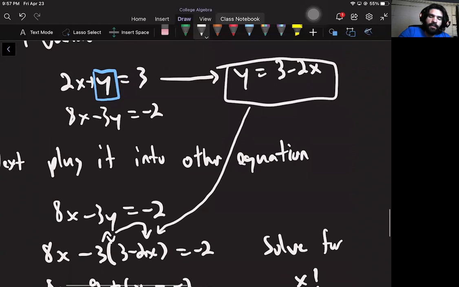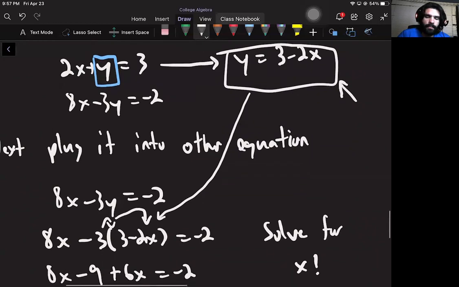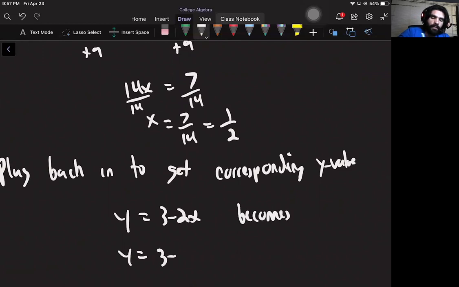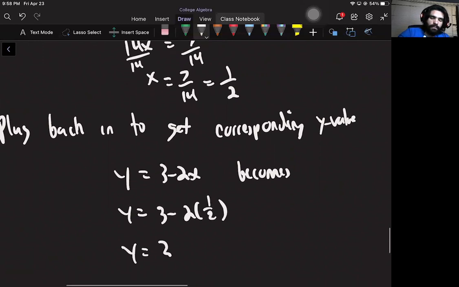This one already tells me how to get y if I already have x, so that's the one I'm going to use. y equals 3 minus 2x. I'm going to plug in this x value of 1/2. 2 times 1/2 is 1, so you get y equals 2.